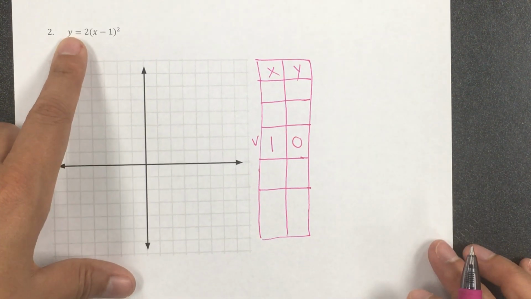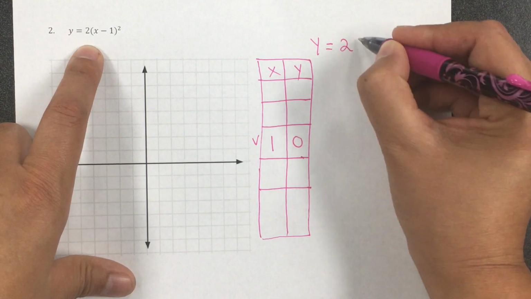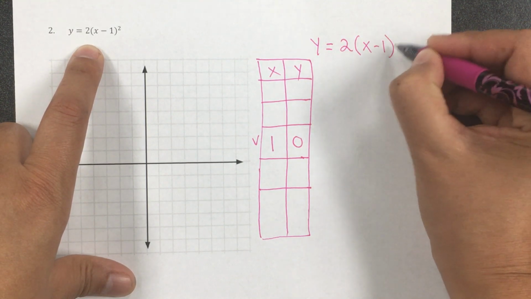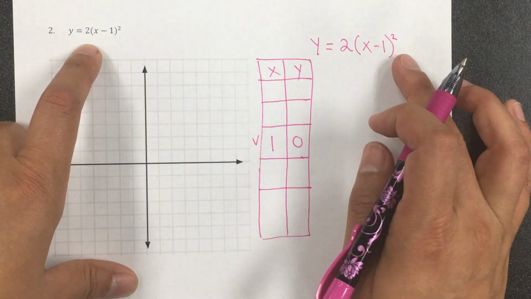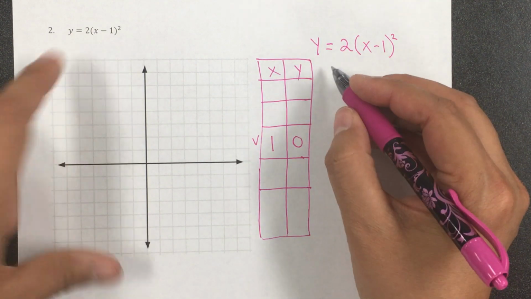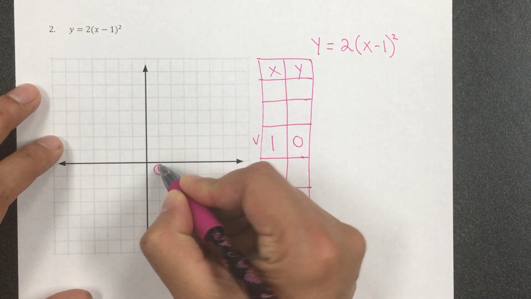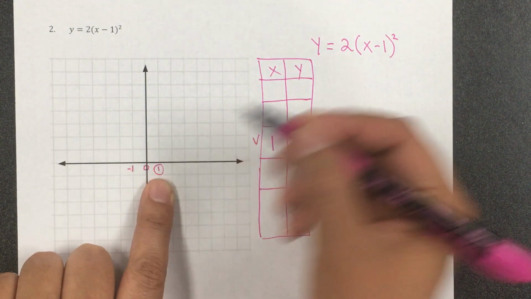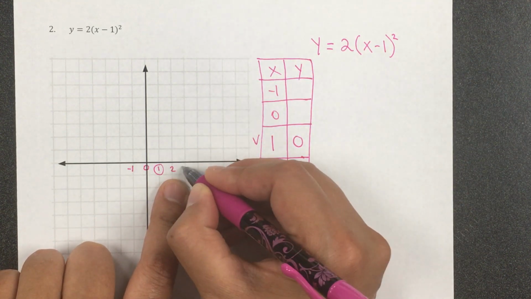And so, since the equation is already in the form we want, we can just substitute x and start simplifying, because we don't need to cancel anything from y. So this is my vertex. We need 2 to the left, which is 0 and -1. And to the right is 2 and 3.